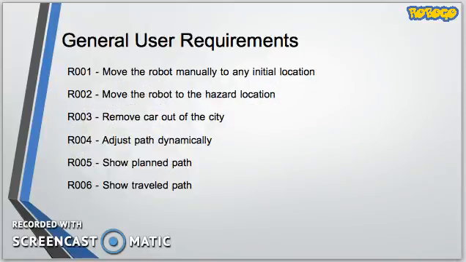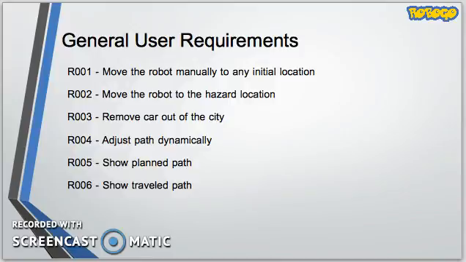For the general user requirements, I will go through one by one. The first is to move the robot manually to any initial location, which means when the robot starts the mission, the robot is able to go into any location which is controlled by the host site system, the GMCS system.